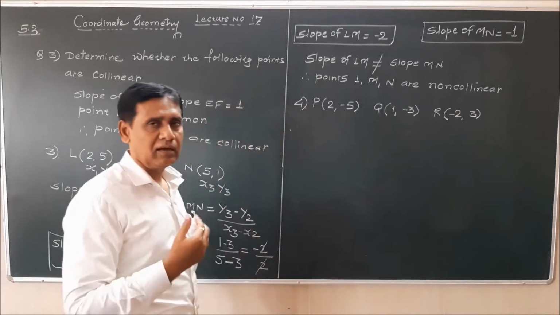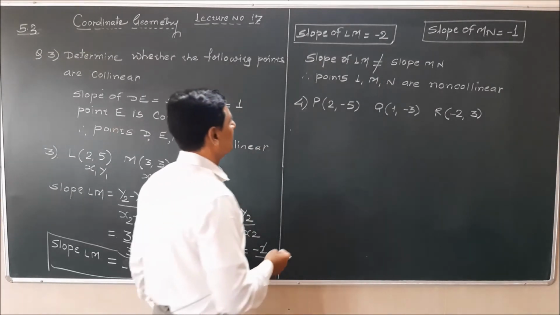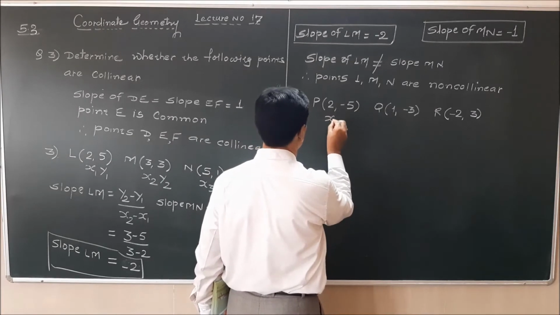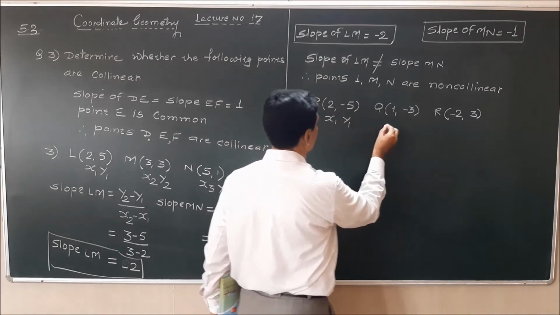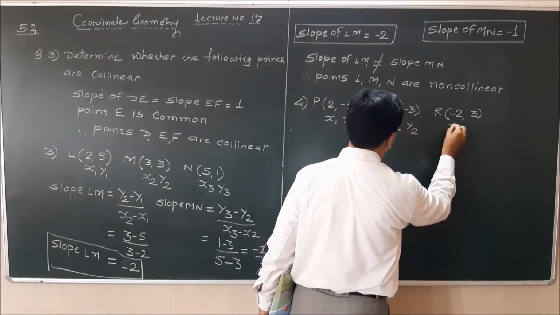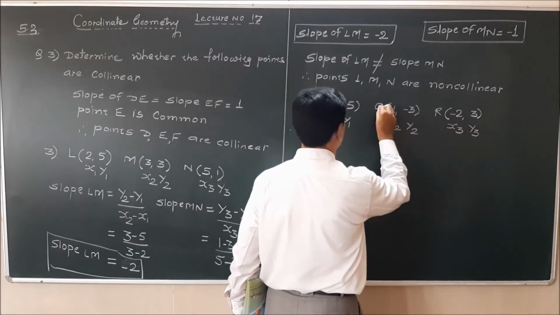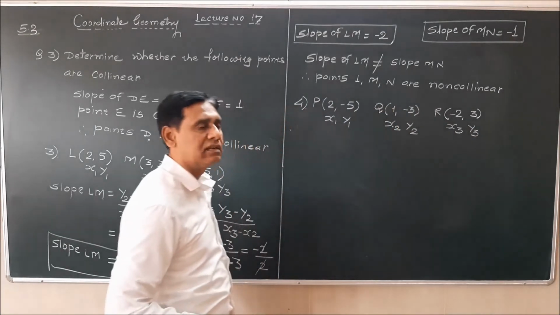All sums are these mechanical sums, the same sums. So labeling the first one as x1, y1, the second one as x2, y2, and the third one as x3, y3.